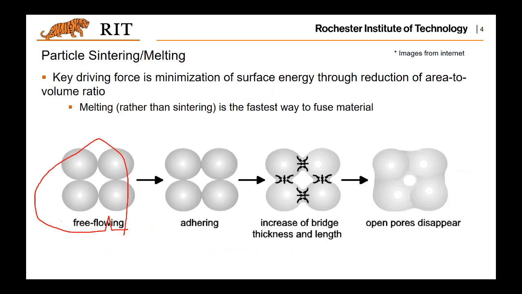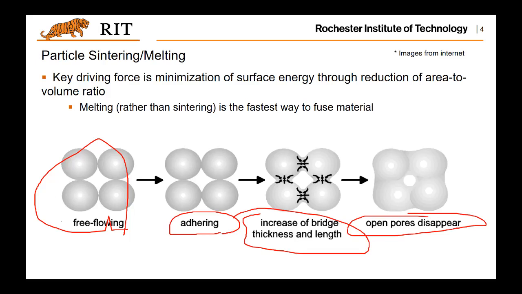When the melting or sintering happens, there will be some adhering to connect those particles together. And if there's more energy input, there will be a larger area of connection. So this is how it looks when the particles are sintered or melted.